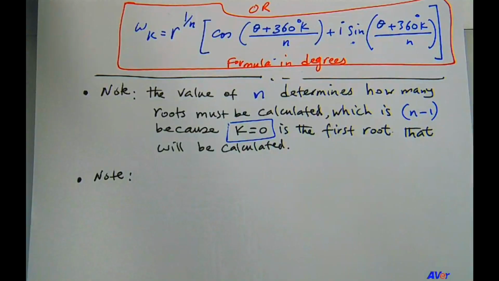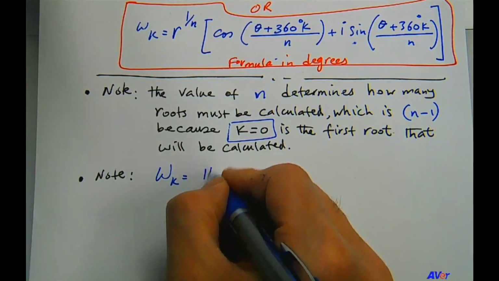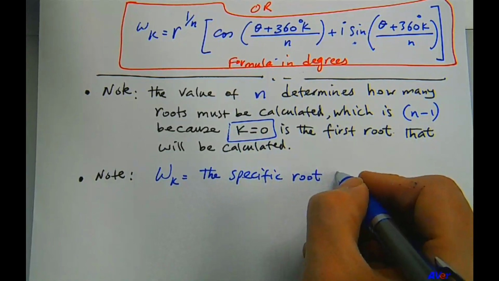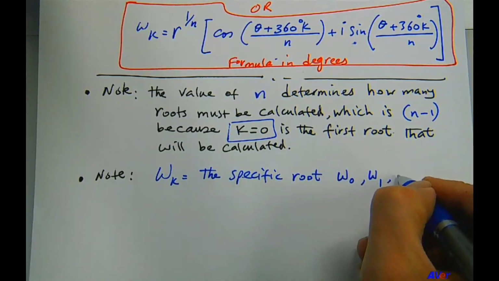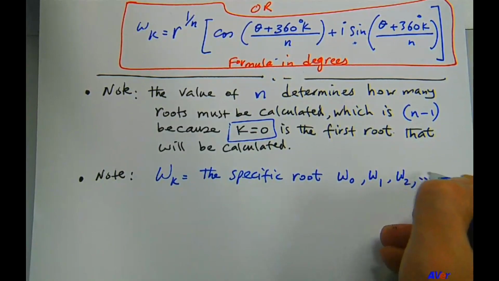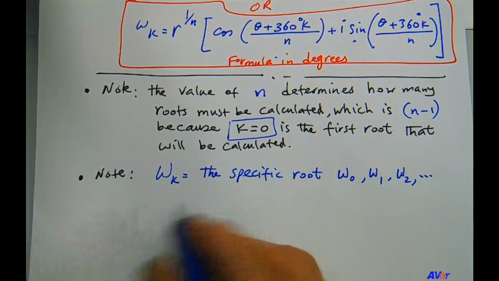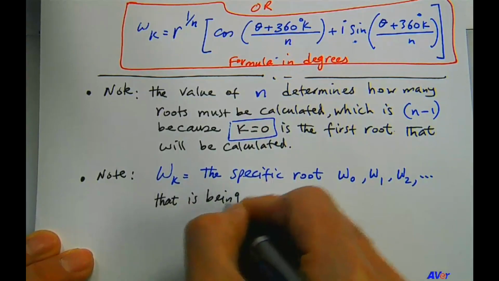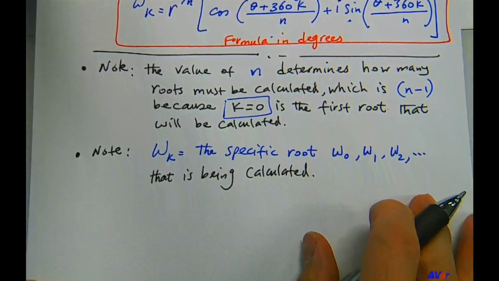That's also a note. So W_k equals the specific root, W_0, W subscript 1, W subscript 2, on and on, that is being calculated here.